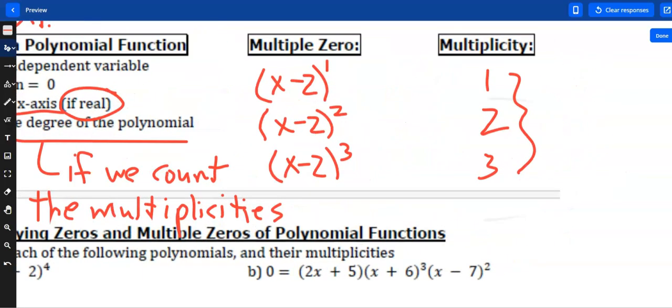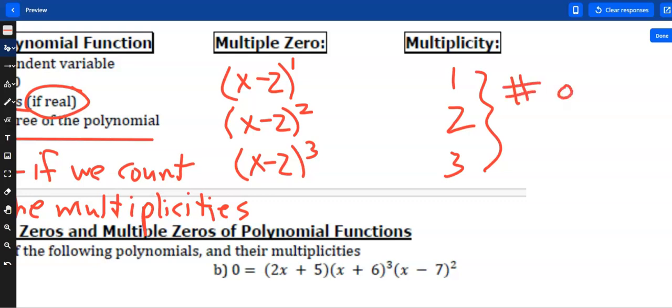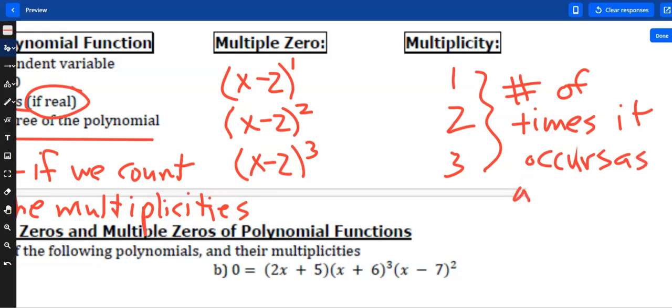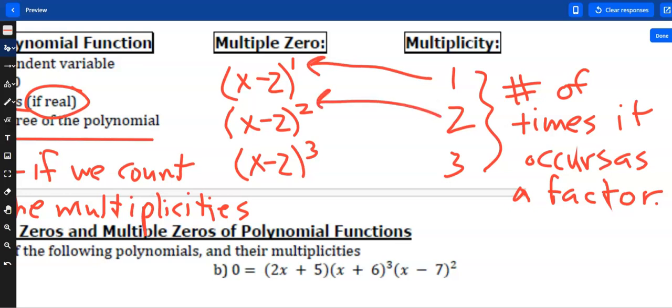So in other words, this is the number of times it occurs as a factor. And where did we see all of those? The exponent. So the exponent tells you the multiplicity. That makes it a whole lot easier, but it has to be in factored form for you to see that.